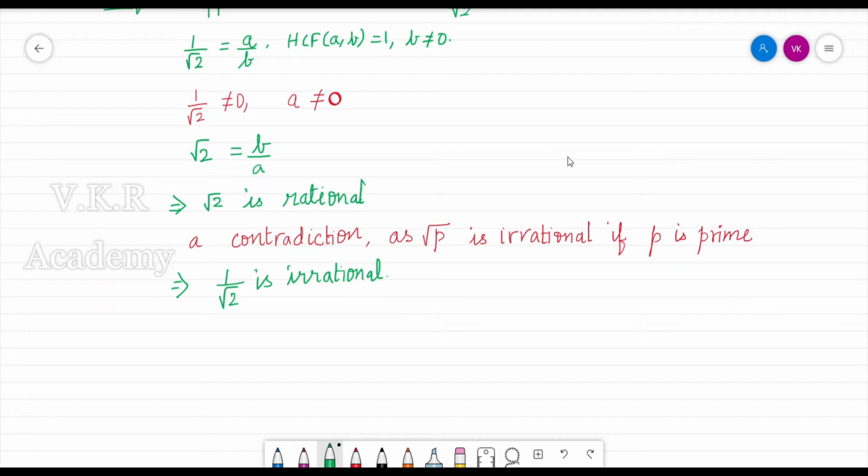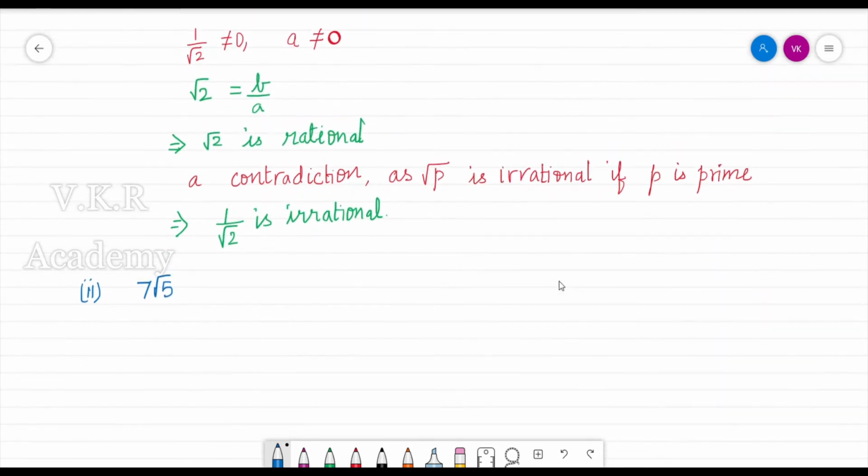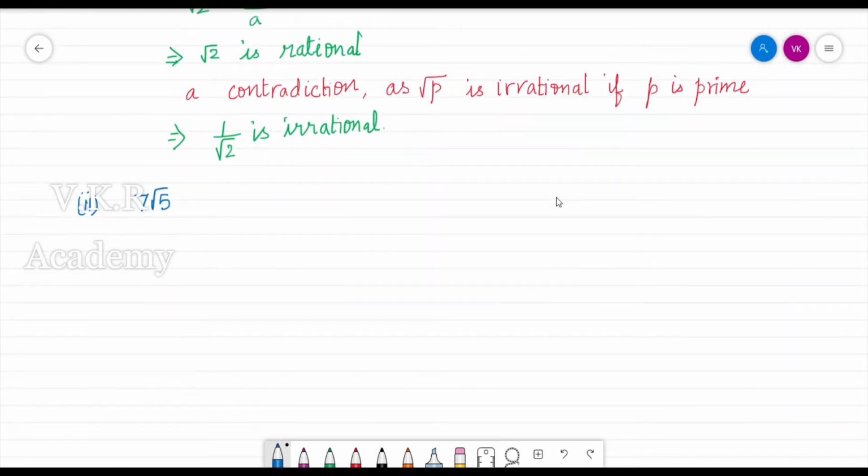And now the second subdivision. We are supposed to prove 7 root 5 is irrational. We prove by the same technique, the method of contradiction.